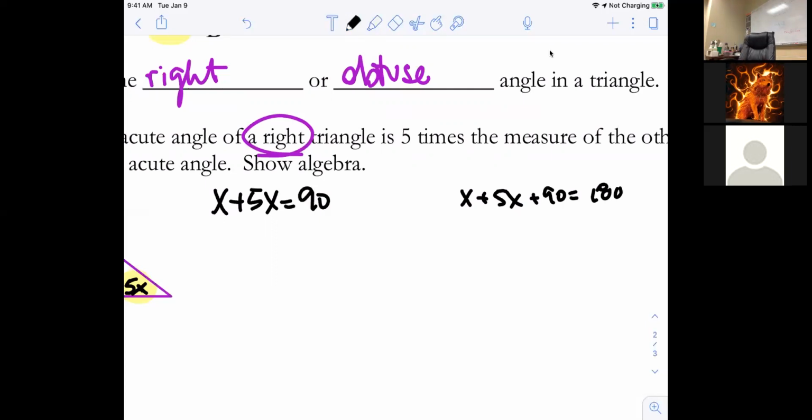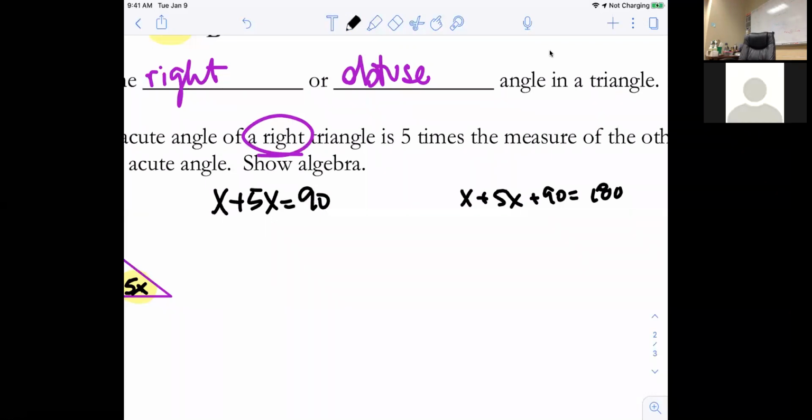Here comes homework. Eli, will you want a paper? Yes. Here I come.